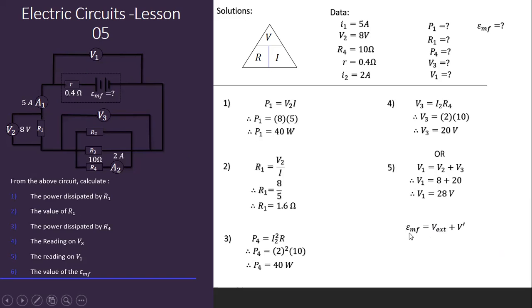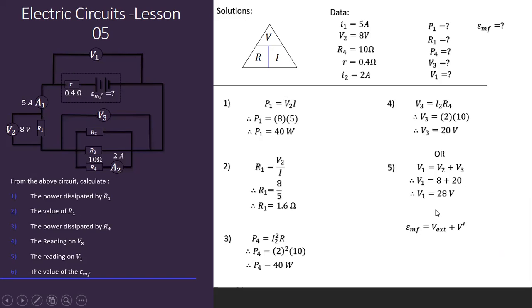EMF is equal to the external voltage plus the lost volts. Remember, the external voltage is this voltage that is from the external circuit, and the lost volts is the voltage drop that occurs here due to the internal resistance.